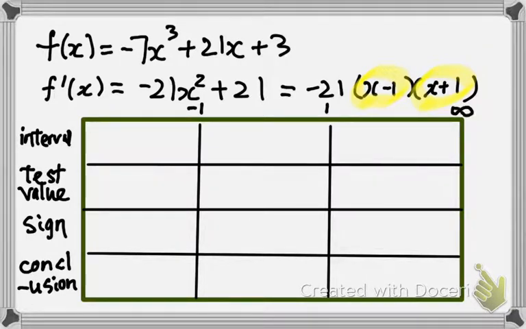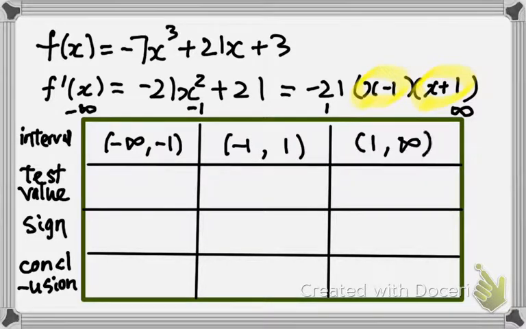The domain of this function is negative infinity to infinity. So we know the intervals that we have to concentrate on in this table are given by those numbers on the top of the rectangle.